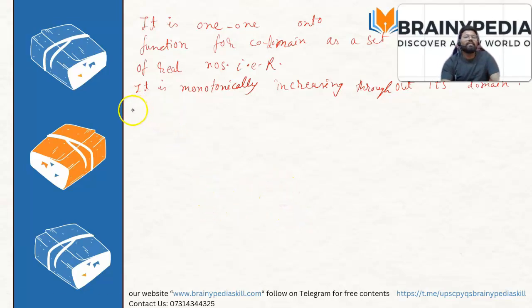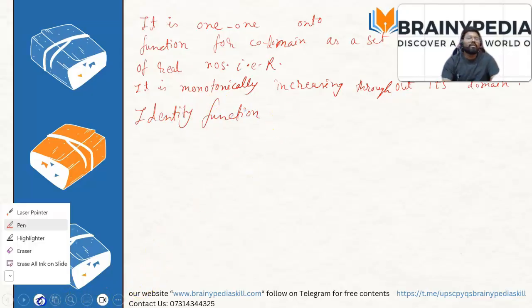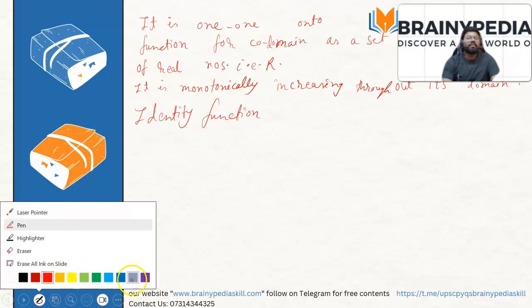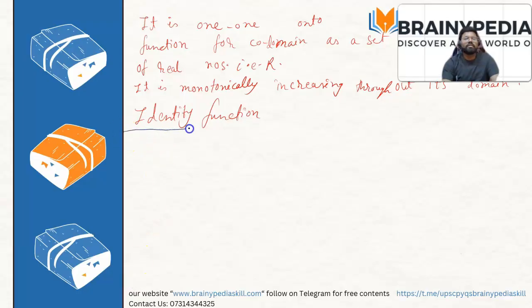Now, next we have the identity function. You have already read about the identity relation, isn't it? Right? Now, an identity function is one where y is equal to x.